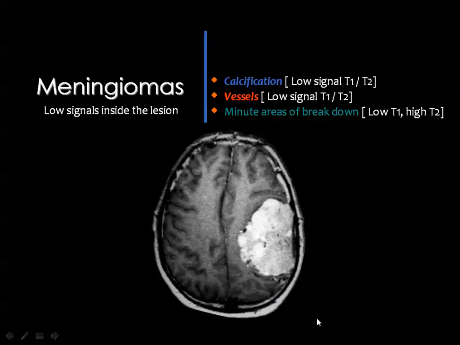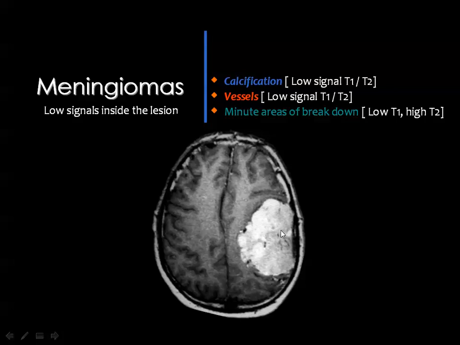Then in the meningioma, in the T1 weighted image after injection of contrast, you should see homogeneous enhancement in the dural based lesion. But you know that meningioma contains some vessels, and the vessels show low signal in T1 and T2, and they do not show contrast enhancement because of the flow. Then if you see serpiginous low signal lesions within the tumor or at the edge of the tumor, you consider these as vessels.